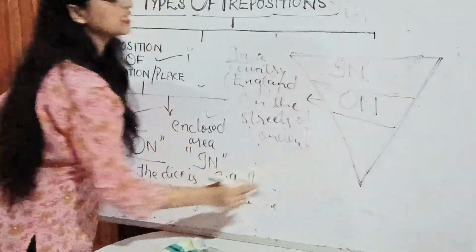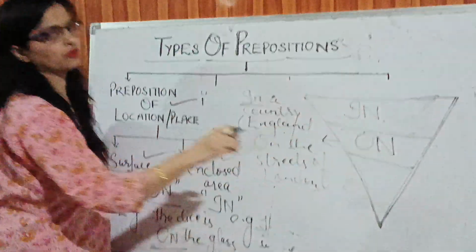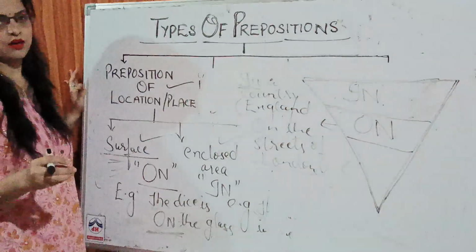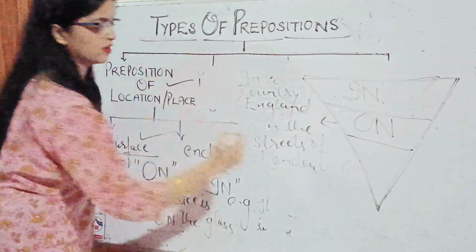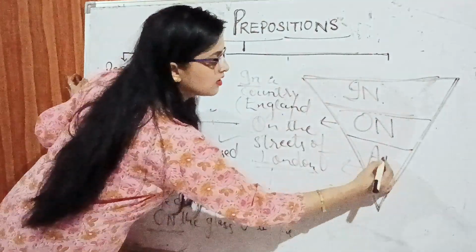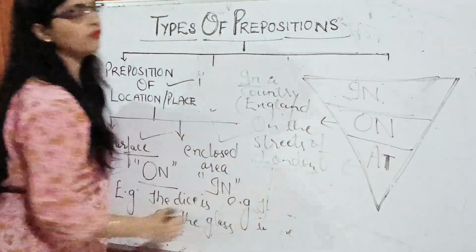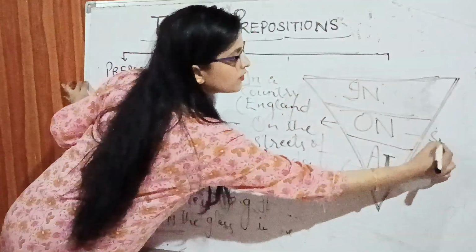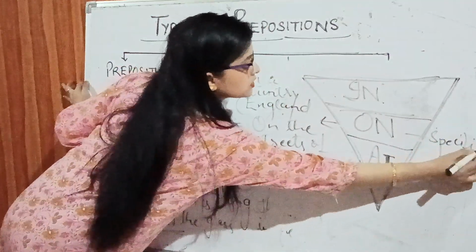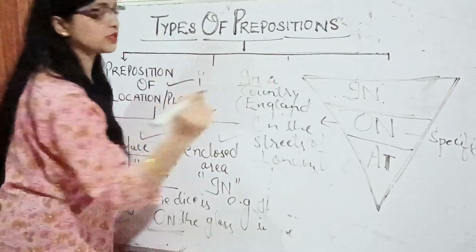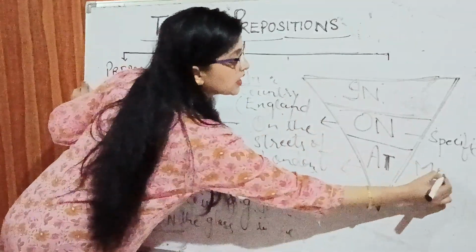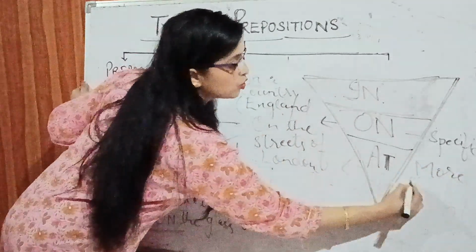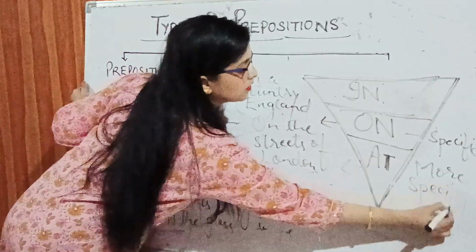Next, this is the most specific part of this triangle, or you can say this is the pointed part of your triangle. So it indicates the position of "at". Okay, this is specific. "On" is specific, but "at" is more specific. It indicates the position of things in a more specific manner.